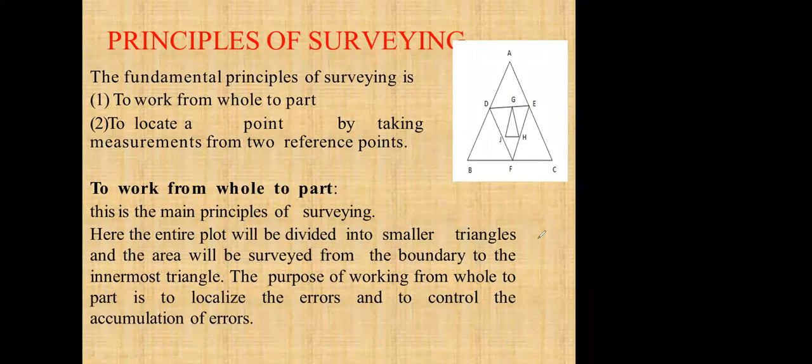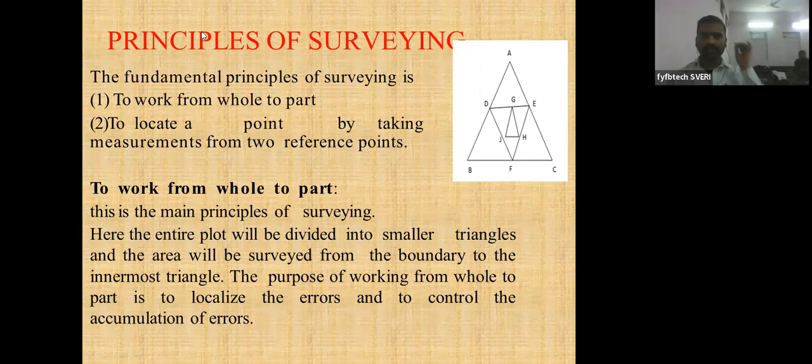Localizing the errors means minimizing the errors, and it avoids the accumulation of errors. Errors will not increase by working from whole to part. In the reverse, the errors are going to increase. So for this, what do we do? Whole to part. So the first principle is whole to part. Is it clear, everyone?